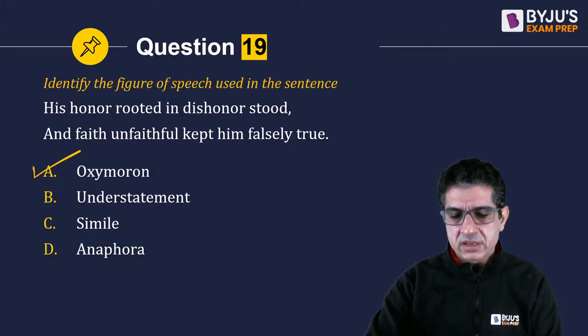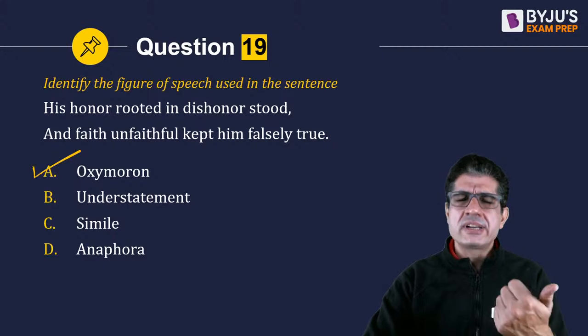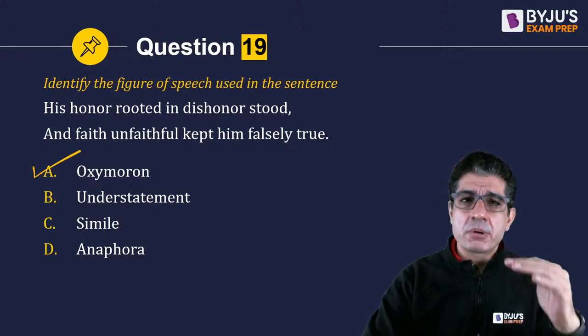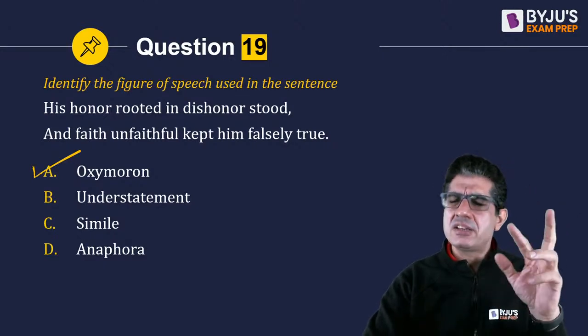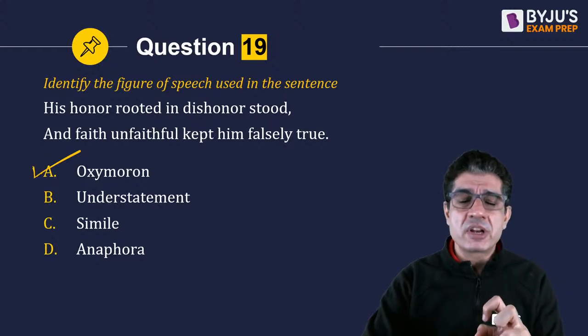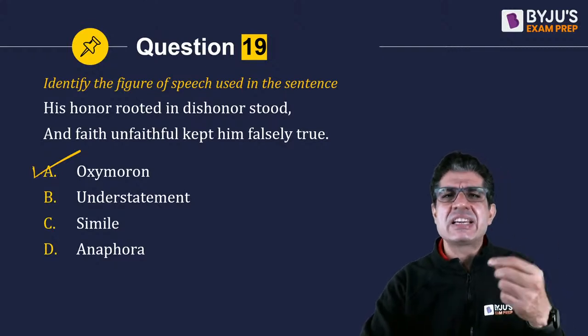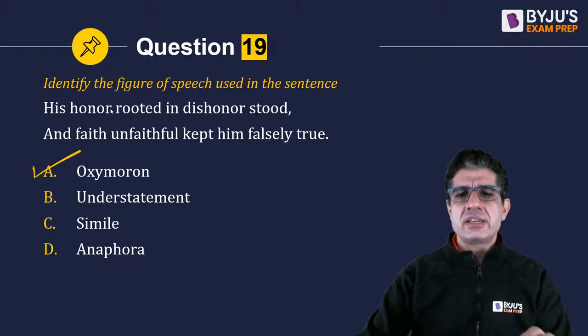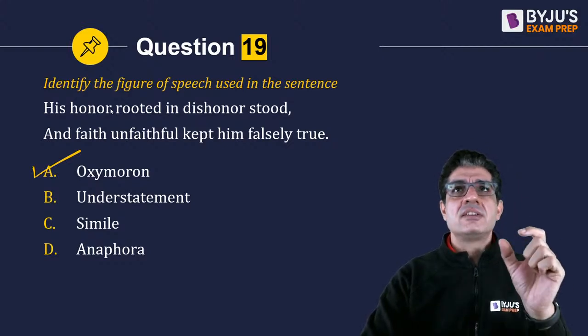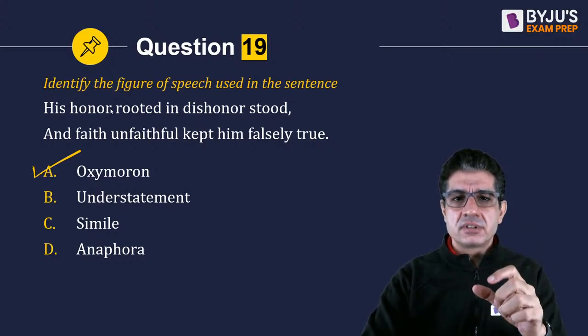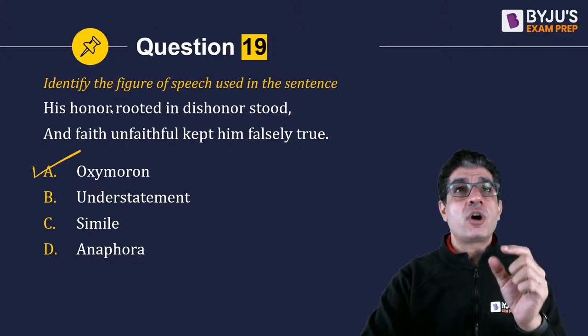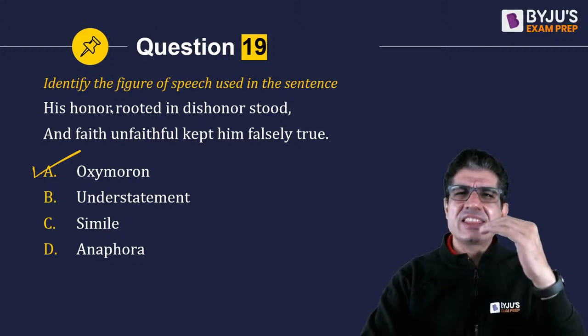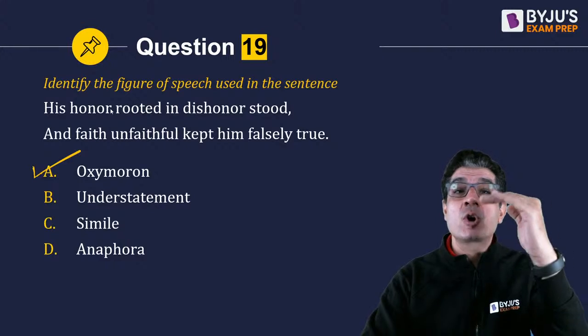Yeah. Then, okay, you know understatement. Understatement is the opposite of hyperbole, where you downplay things. Simile, comparison between two dissimilar things using terms like, as, though. Anaphora, okay. Anaphora is when you have the repetition of a word or a phrase at the beginning of successive clauses.